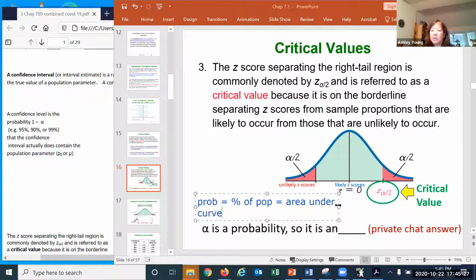So that is what we're looking for. It's the area underneath the curve. So in this case, alpha is a probability, so it's an area.